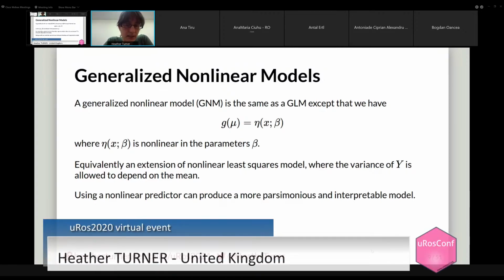And the advantage of moving to a nonlinear predictor is it obviously gives us more flexibility in how we can describe the model. In particular, in practice, this can mean that we can fit a more parsimonious model with fewer parameters and parameters that are more interpretable.